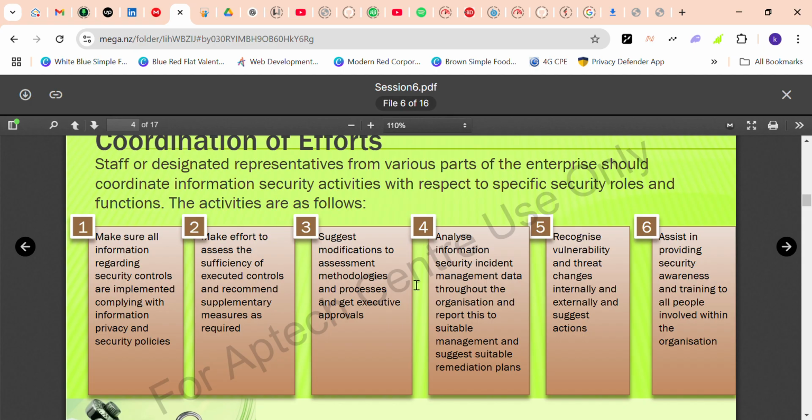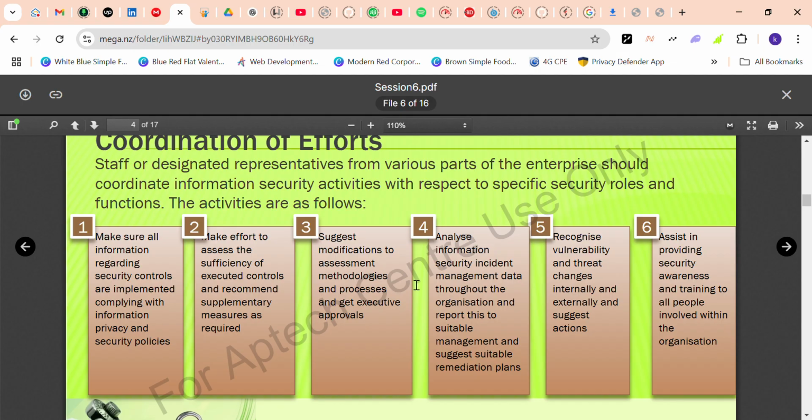You will do a vulnerability assessment to detect any threat leveraged on any of the information systems, both internally within the company and externally, if it will also affect the organization, and make a suggestion or action we can take to mitigate the risk. And then number six, assist in providing security awareness and training to all people involved within the organization.